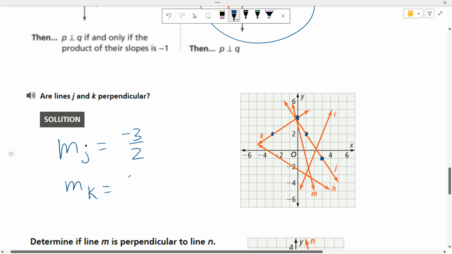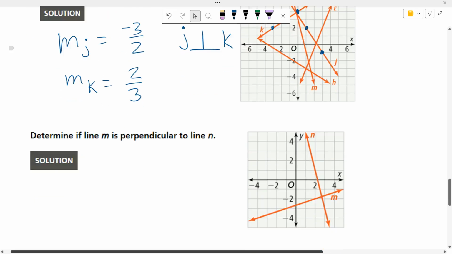So K goes up 2, to the right 3. Are they opposite reciprocals? Yes. So J is perpendicular to K. This is your perpendicular symbol, an upside down T. Parallel is 2 straight lines.